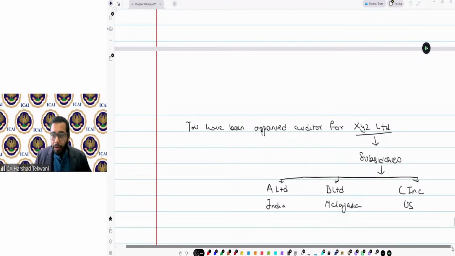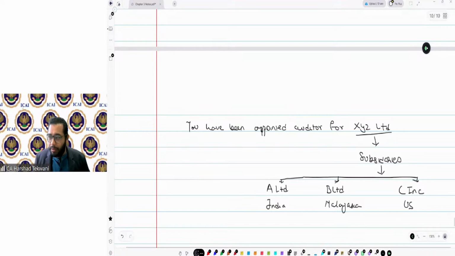Now, you have been appointed as an auditor of XYZ Limited. It means you are required to issue an opinion on the standalone plus consolidated financial statements.